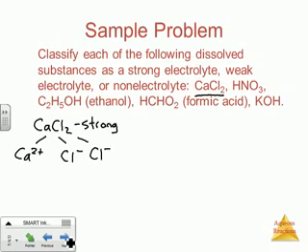The HNO3, well, this is an acid, right? So how do we know if an acid is a strong electrolyte or a weak electrolyte? Well, it depends on whether it's a strong acid or a weak acid, okay? Strong acids are strong electrolytes. What strong acid means is they completely split apart when you put them into water. And if you look back on your list, nitric acid is one of the strong acids.